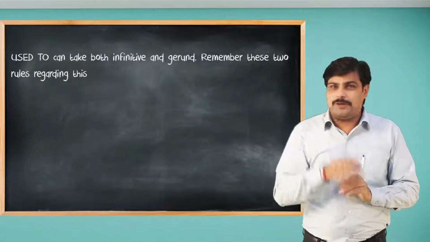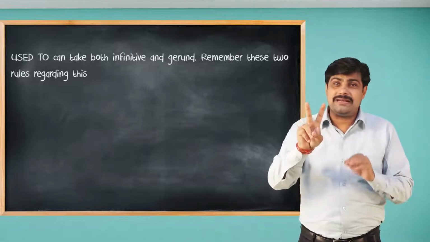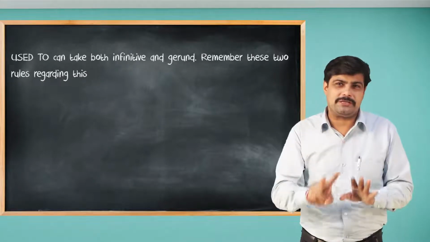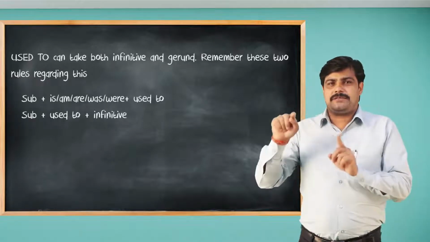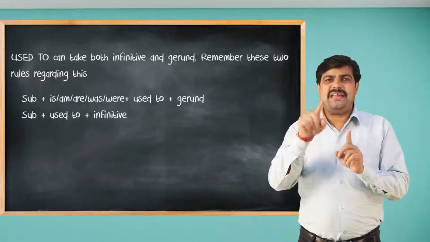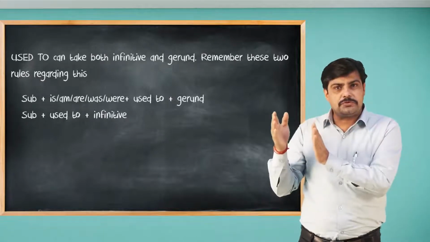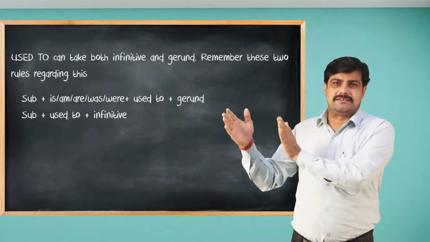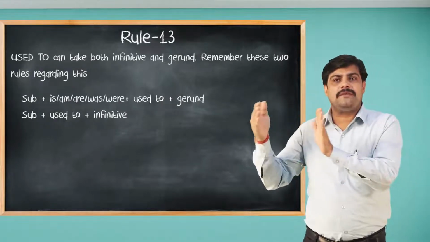So there is a rule. Remember these two rules. You will find it easy to spot the errors in your examinations. The rule is: subject plus be, meaning is, am, are, was, were, plus used to plus gerund, because it shows a habit going on even today.